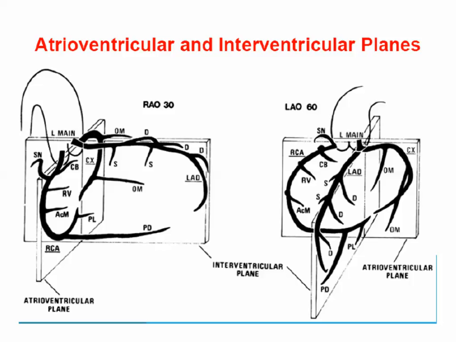And this is the right atrioventricular groove. What will come here? RCA. Then it will divide into terminal branches, PDA and PL. PDA will supply the inferior. PL will communicate with the LCX. Okay? Clear?